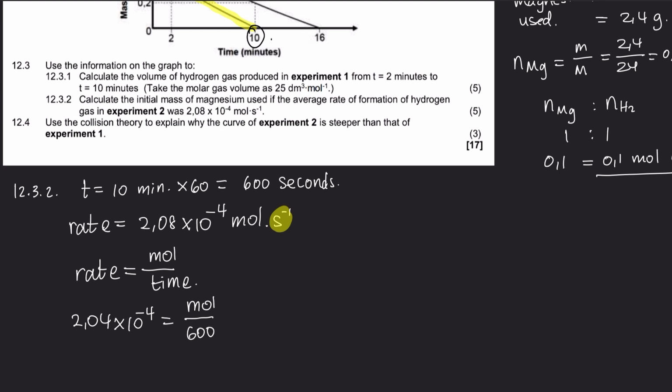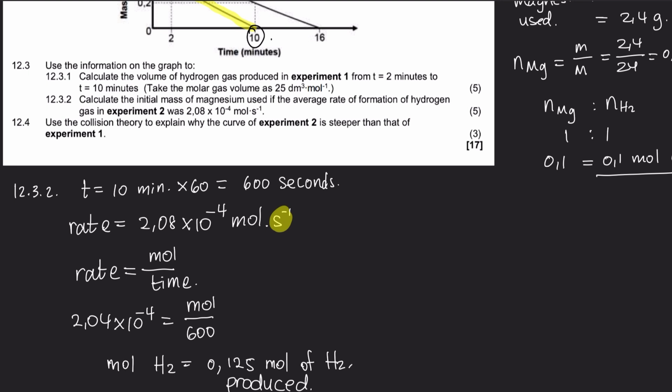So that means the number of moles of hydrogen gas is going to equal 600 times that value. So 600 times that value is going to give me 0,125 moles of H2.